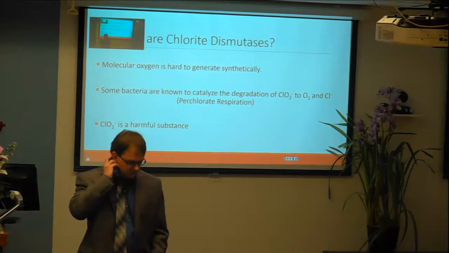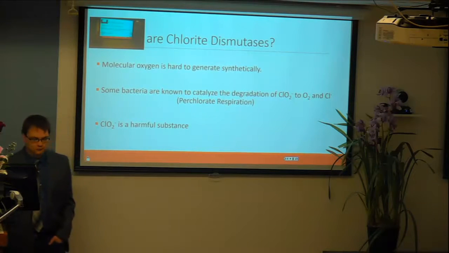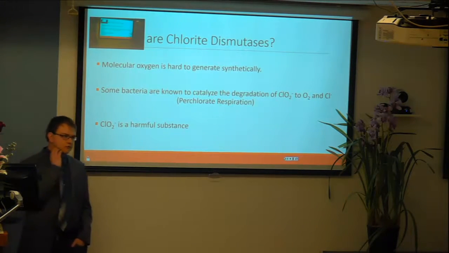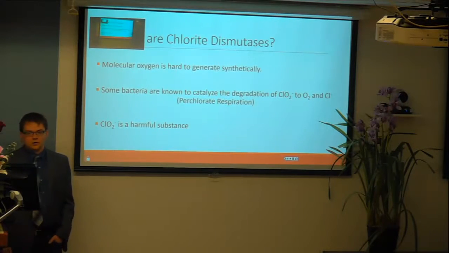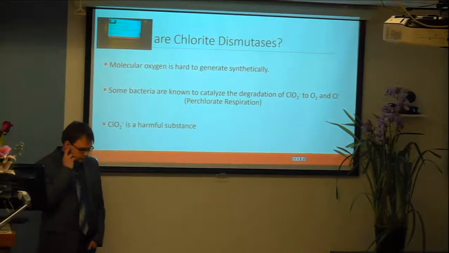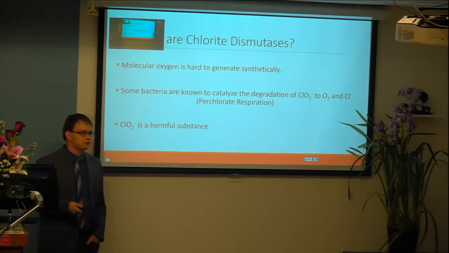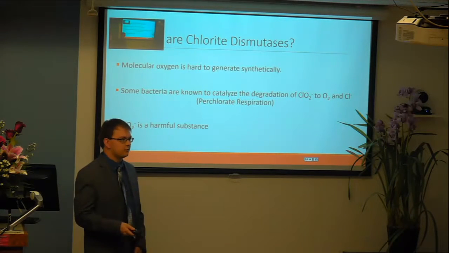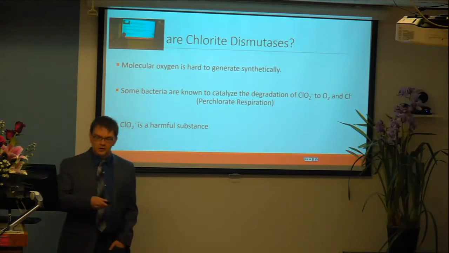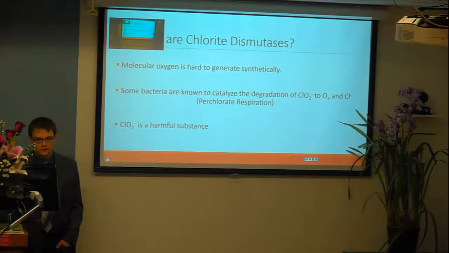There's a class of enzymes, chlorite dismutases, that are known to participate in such decompositions of chlorite. Interesting to note, molecular oxygen is somewhat difficult to create synthetically, so it's very cool to see something in nature that catalyzes this reaction. That's a very important reason why we should be looking at this.